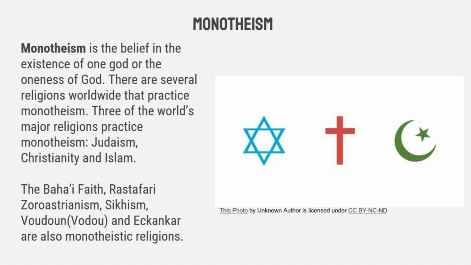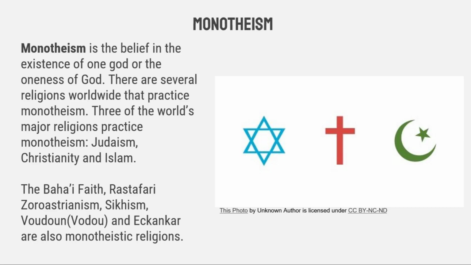So there are several religions that practice monotheism. The major ones are Judaism, Christianity, and Islam. Those are also known as the Abrahamic religions. Okay, and we'll talk more about that a little bit later.